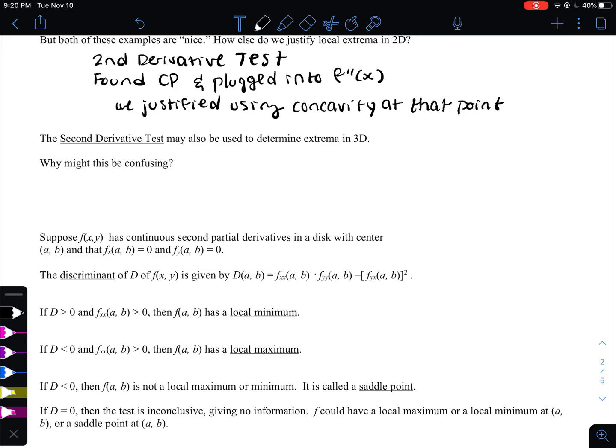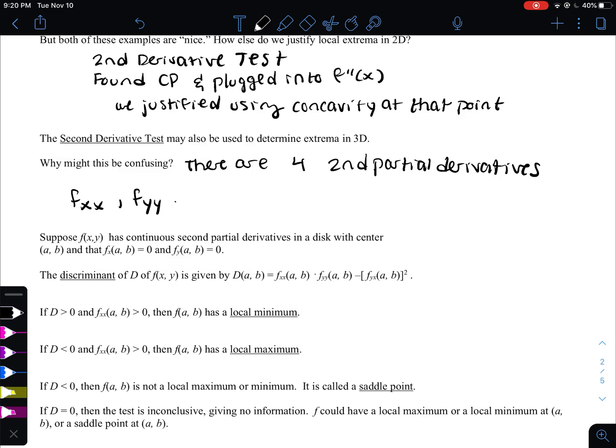The reason this is still a problem is there are 4 second partial derivatives. They are taking the derivative with respect to x twice, with respect to y twice, and taking it with x and then y, and y and then x.